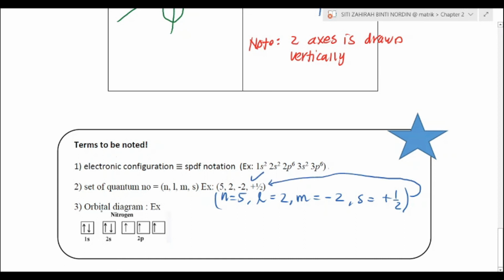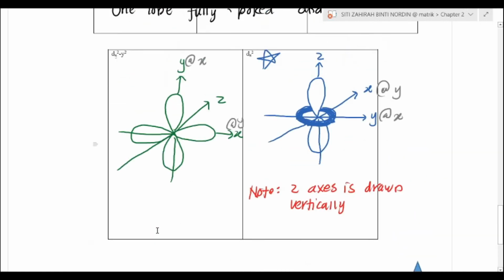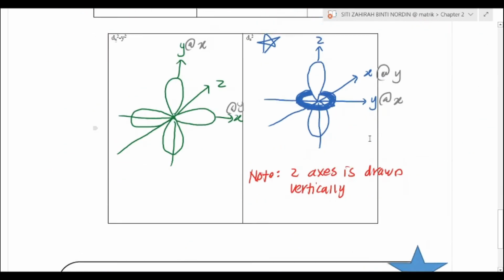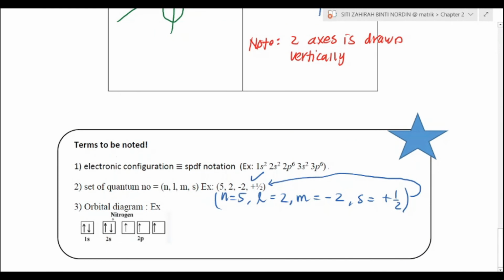And the third thing is to draw the orbital diagram. This is the orbital diagram. Meanwhile, this all is the orientation of the orbitals. So this is the wrong orbital diagram. The reason is first because the arrow must be half-headed.